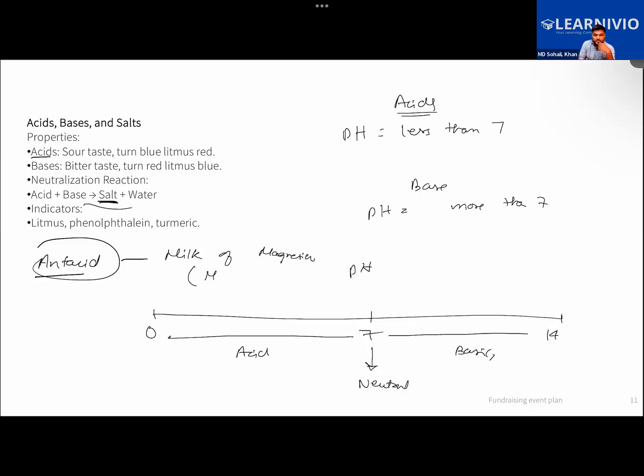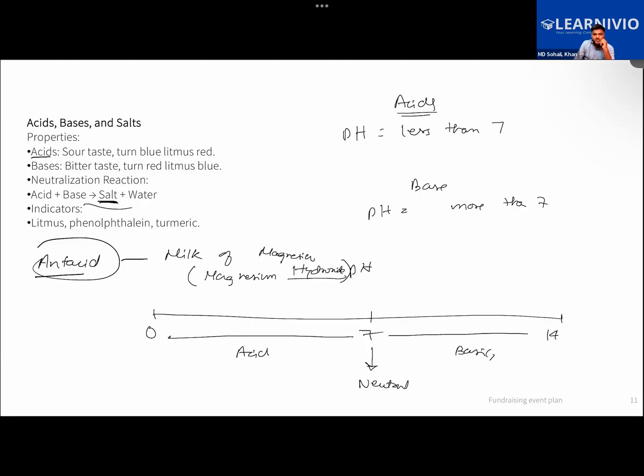Magnesium hydroxide. So magnesium hydroxide is basically milk of magnesia. It is an antacid that is taken when we suffer from acidity, from indigestion.